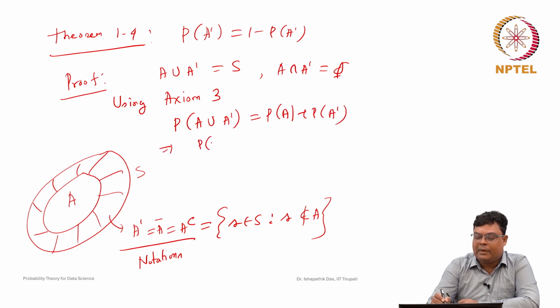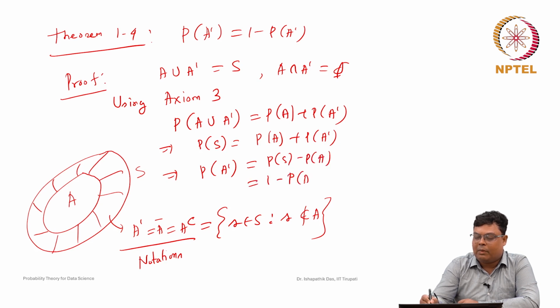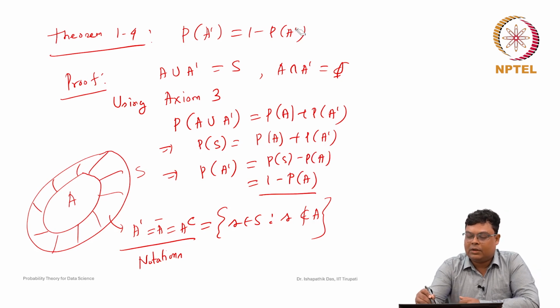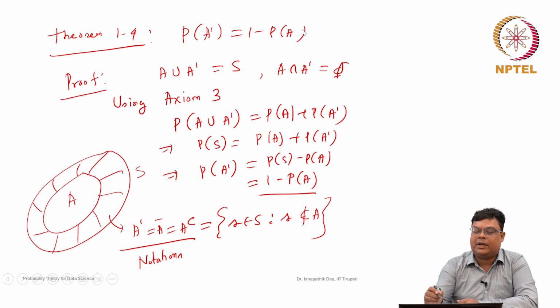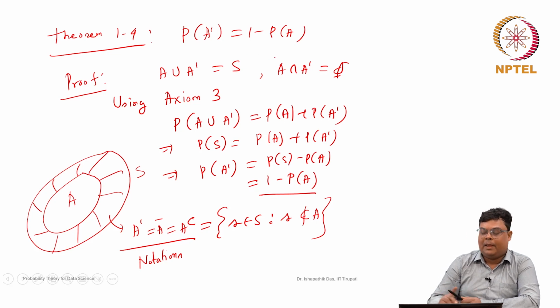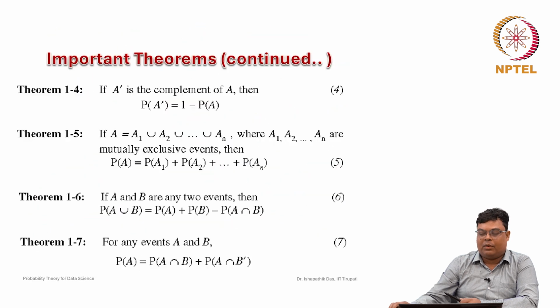Since A union A complement is S, this is probability of A plus probability of A complement, which implies probability of A complement is equal to P of S minus probability of A, where P of S is 1, so 1 minus probability of A. Sorry, earlier it was a typo: probability of A dash is equal to 1 minus probability of A. So, this is theorem 1.4.